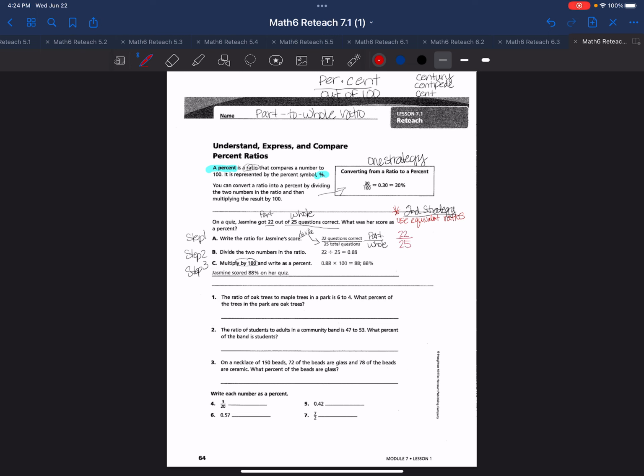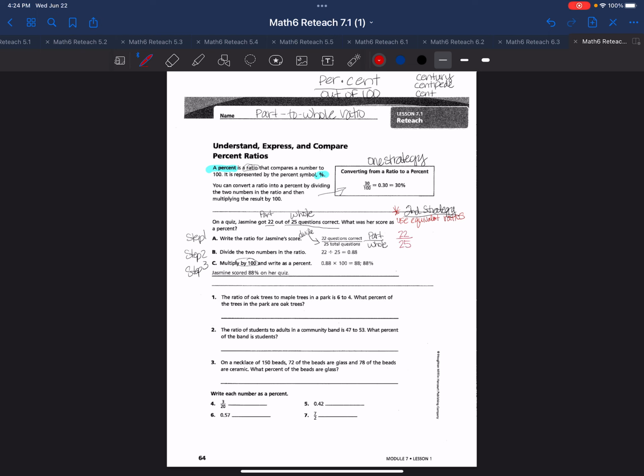What percent of the trees in the park are oak trees? Well, I know this is a part-whole relationship because they're asking what percent are oak. So this question is asking me only about the oak trees.